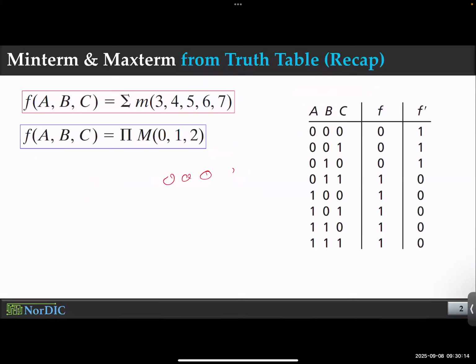So 0, 0, 0, 0, 0, 0, 0, 1, and so on, ending at 1, 1, 1, 1. So if you try to express them as min term and max term, they should look like A prime, B prime, C prime, D prime for 0, 0, 0, 0. And finally, A, B, C, D for 1, 1, 1, 1. Are we all clear on that? Okay, just keep that in mind.